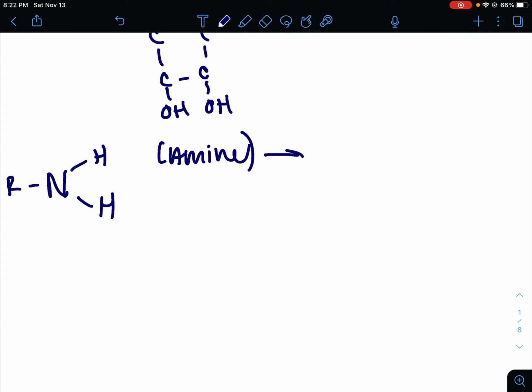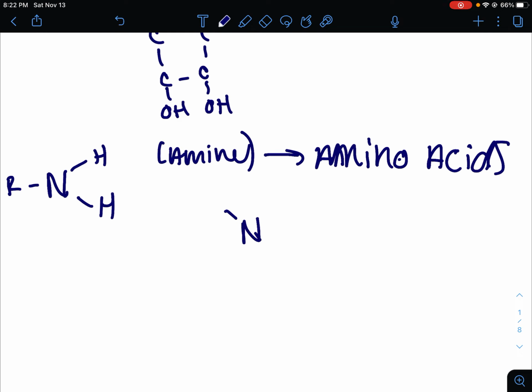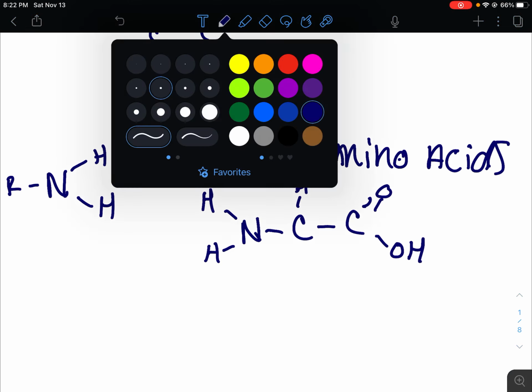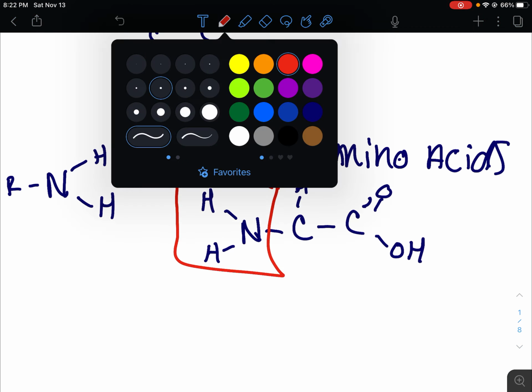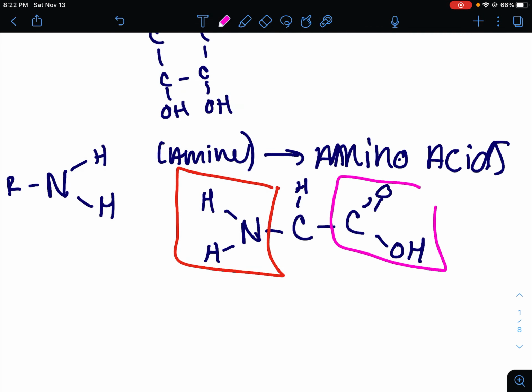It's found in amino acids, because you have the N, H, and then it's connected to the C, connected to the other group, which is our carboxyl group. So there's your amino acid, and you have the amine group right here, which I'm boxing off in red, and then in pink is the carboxyl group.